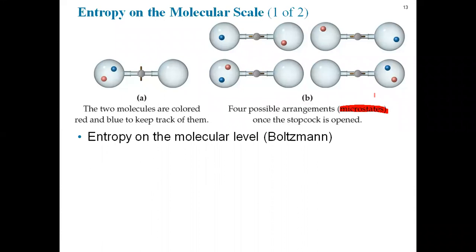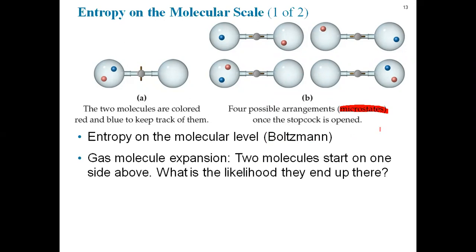This study was initiated by the scientist Boltzmann. In gas expansion, two molecules start on one side above. What is the likelihood they end up back in that state A? We can use statistics. Altogether they have four states.